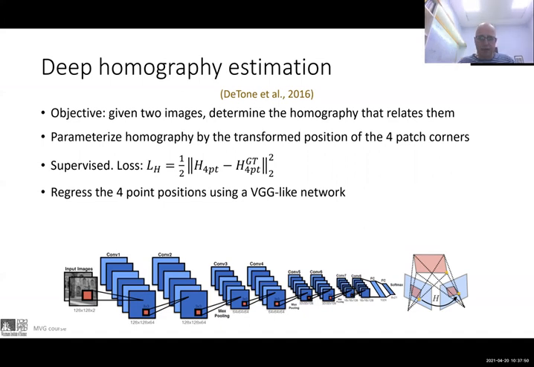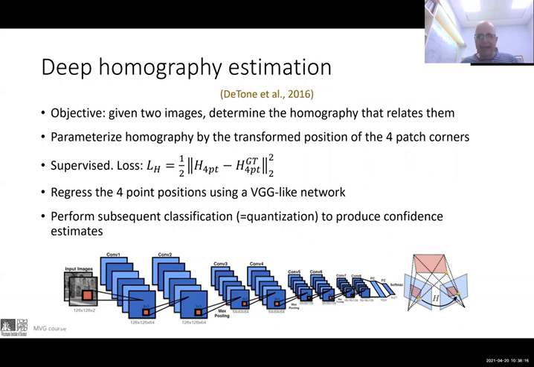Now, to compute the prediction of the network, they used VGG, the well-known object recognition network, where they change only the top layers to do regression for the 4-point positions. And they use quantization.